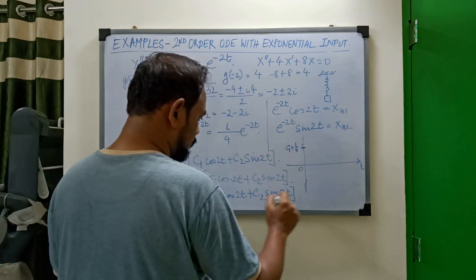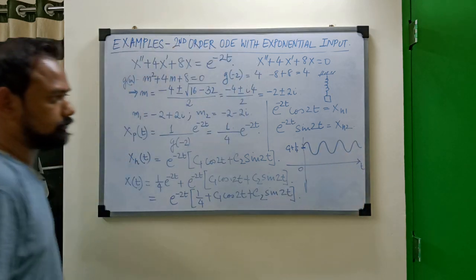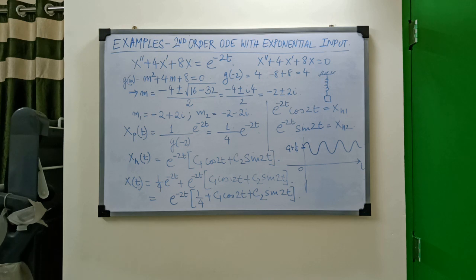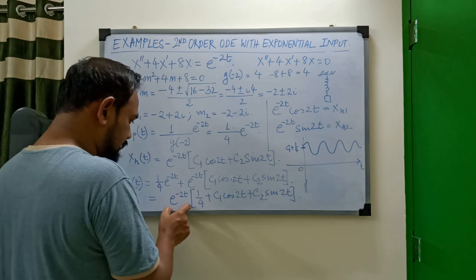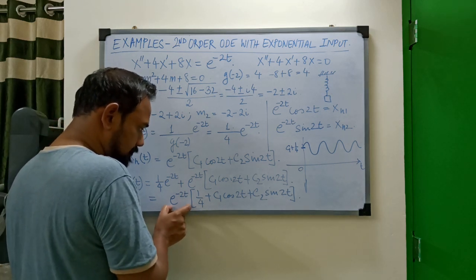And so therefore, this sort of looks like this. Now we multiply this decaying factor here with this.